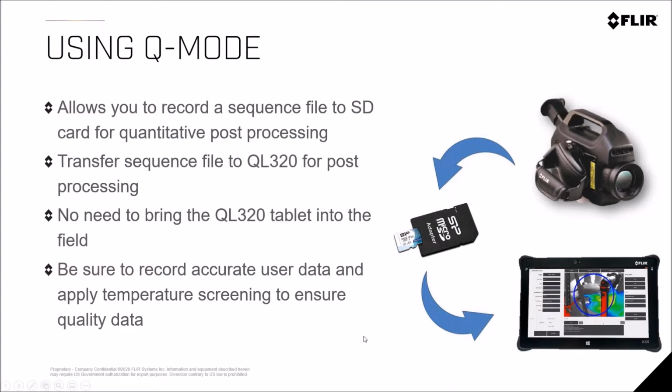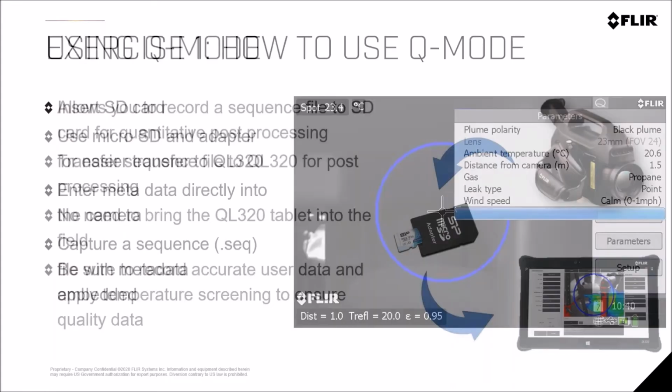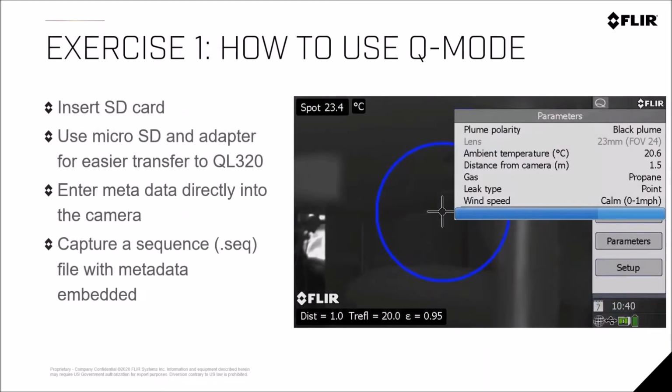But the one huge key is make sure that your customers record accurate user data, the delta T, the distance. Make sure that they actually accurately input those manual inputs of data. Where do you do that on Q mode? You'll see I need to tell this is a black plume or a white plume. I need to tell it the ambient temperature.